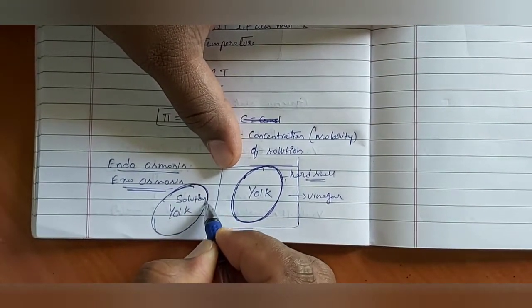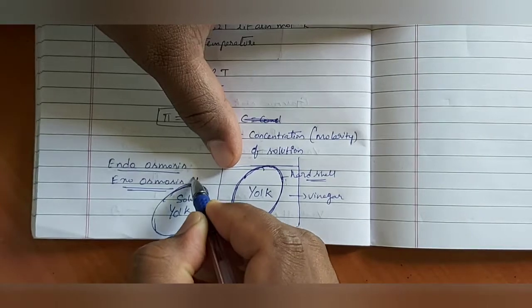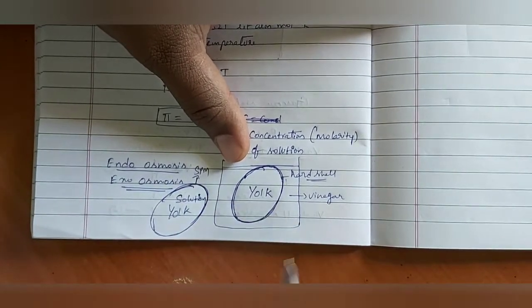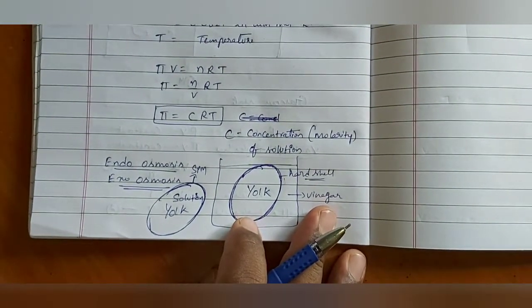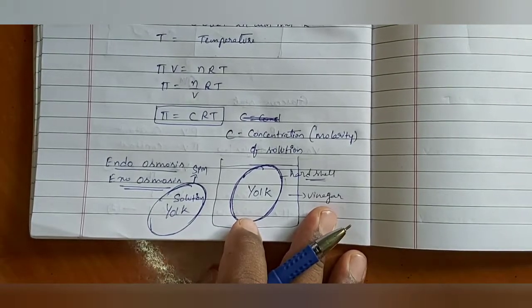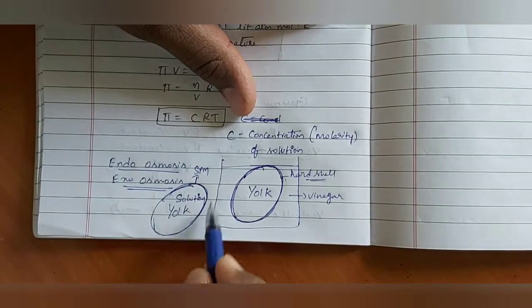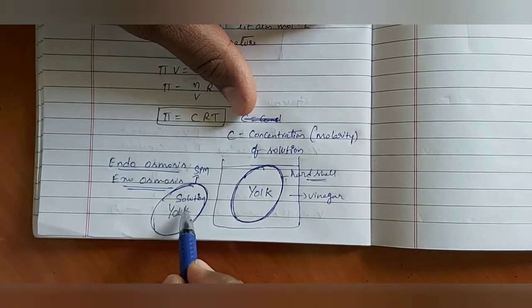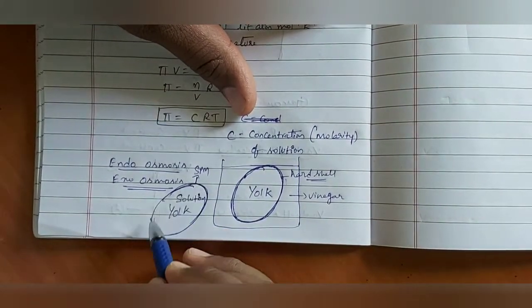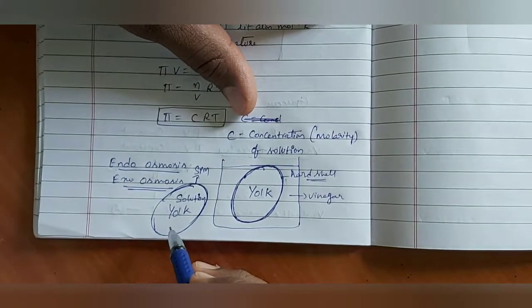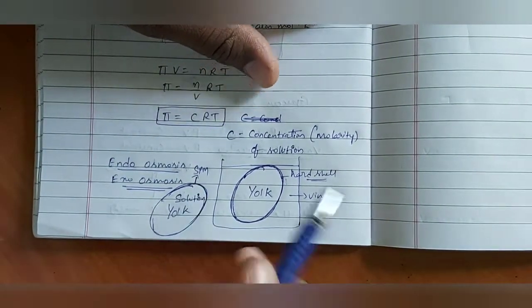This outside membrane is a smooth membrane. It is acting like a semi-permeable membrane. That membrane which prevents the yolk from coming outside is called a semi-permeable membrane.